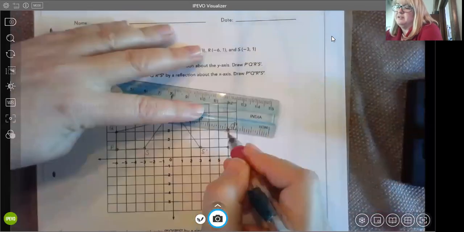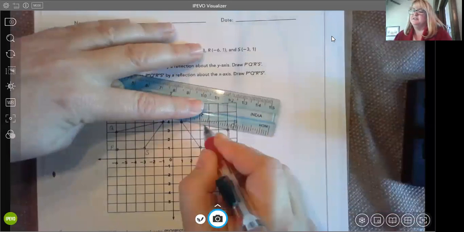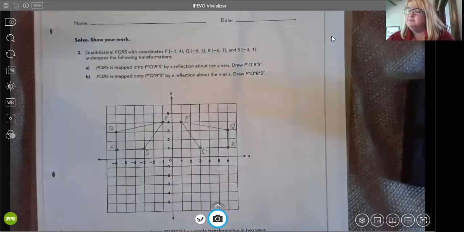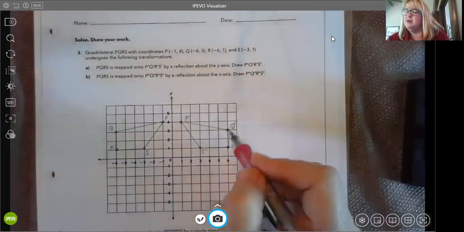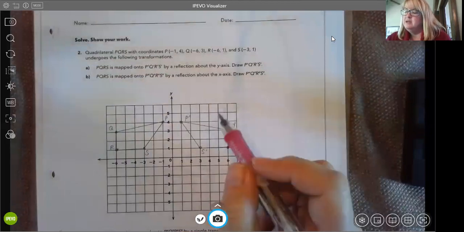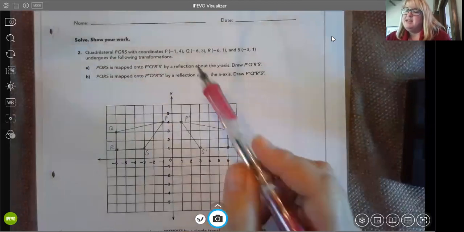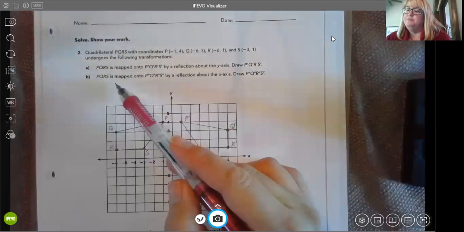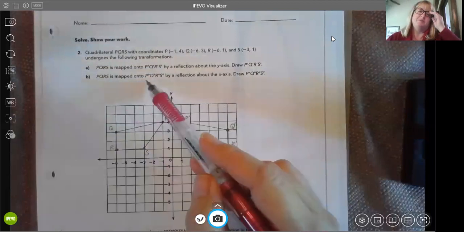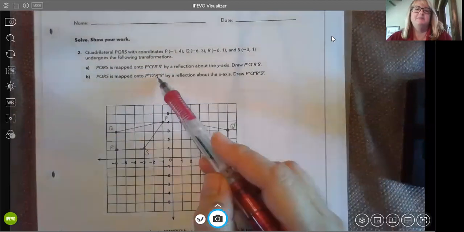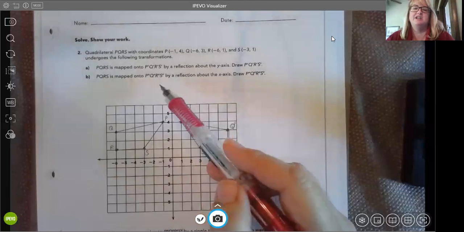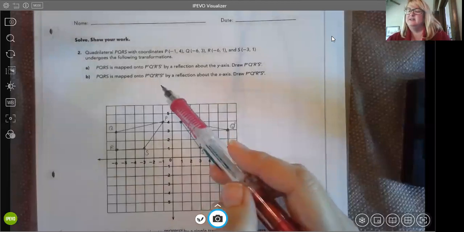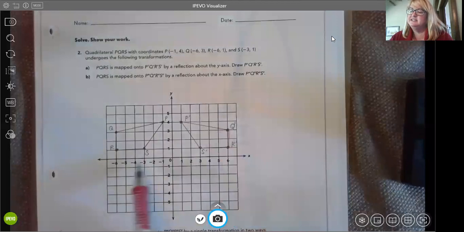Didn't do a very good job on that one, but all right, so there is our reflection. That's P prime, Q prime, R prime, S prime. PQRS is mapped to P double prime, Q double prime, R double prime, S double prime by a reflection about the x-axis. All right, so here's our x-axis.